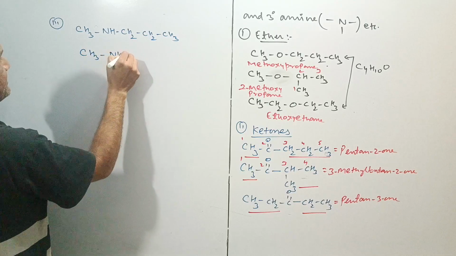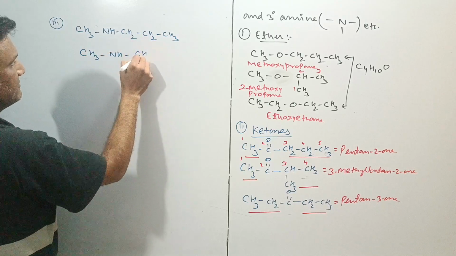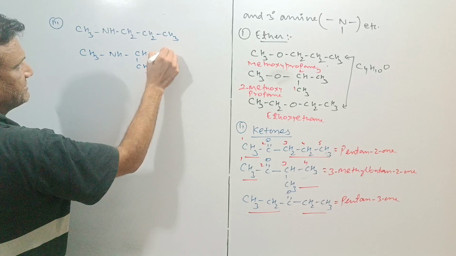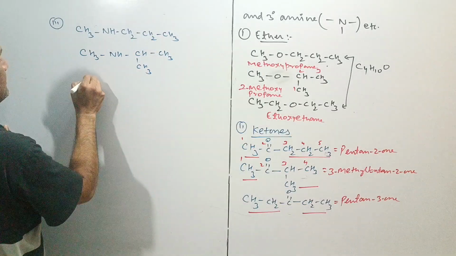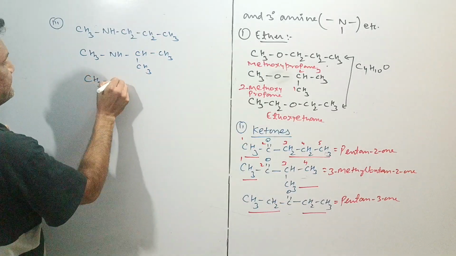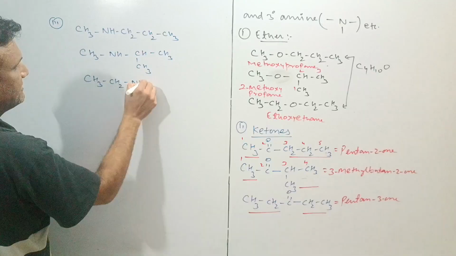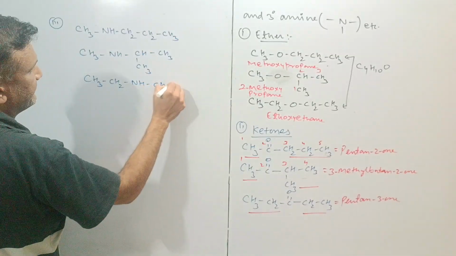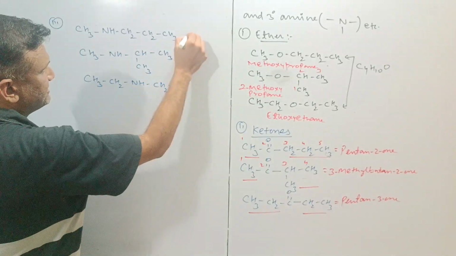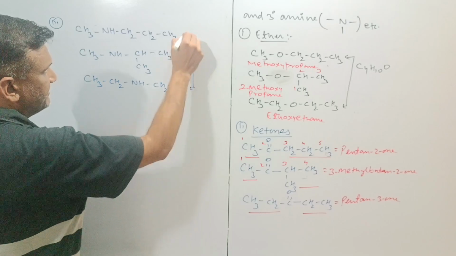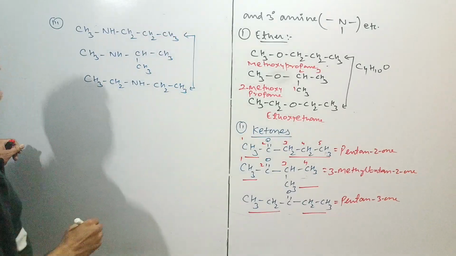This chain can be changed again into iso, as we have discussed in these compounds. Another is the exchange of CH2 like this. So we will say these are known as metamers for each other, or mesomers.